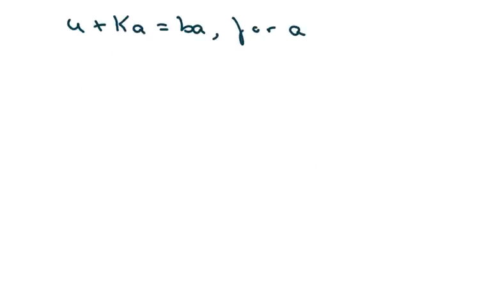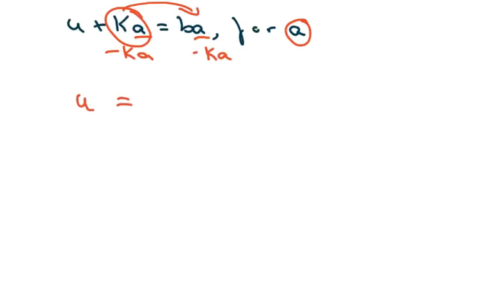Okay, the next one. Again, I want to solve for a, so I notice I have 2 a's here, so I'm going to move this one over here by subtracting it from both sides. So you get u equals ba minus ka, because this will cancel. That equals 0. I'm going to factor out an a.